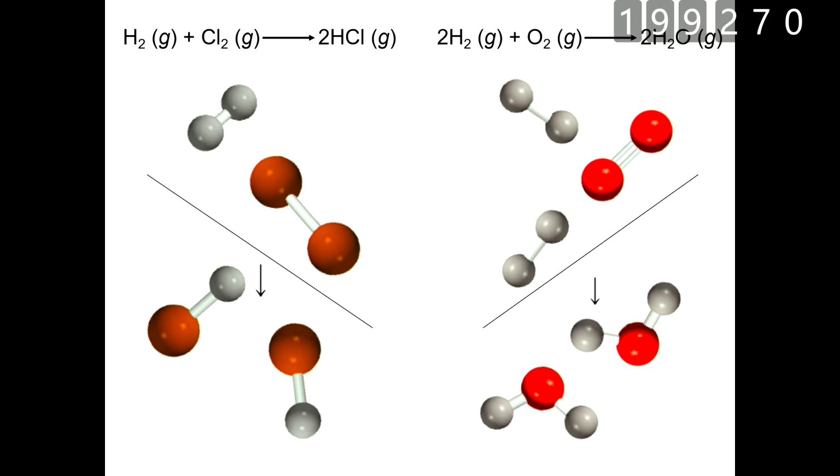This is hydrogen, this is chlorine. The first step is to break all the bonds of the reactants, and then form the new compounds. In the first step we need to provide energy, and in the second step they will release energy.